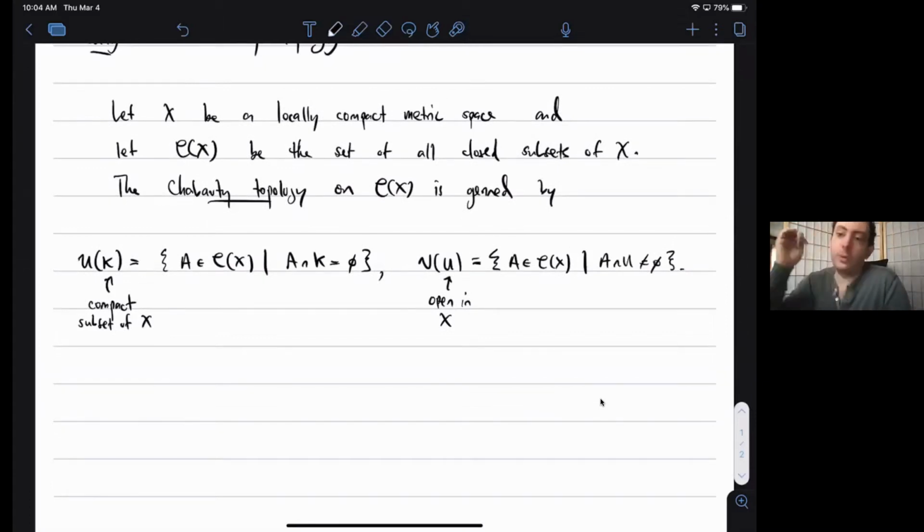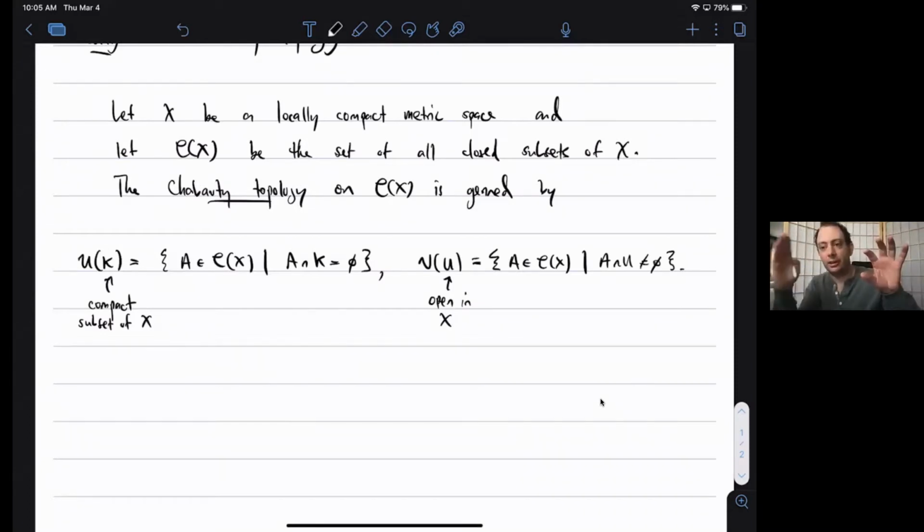Okay, and so what are we trying to do? I'm trying to define a notion of when two closed subsets of X are close. And it makes sense that if you have some compact subset here, then this U of K should be an open set, right?